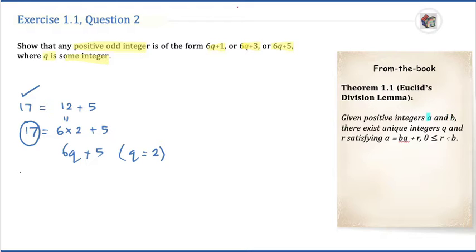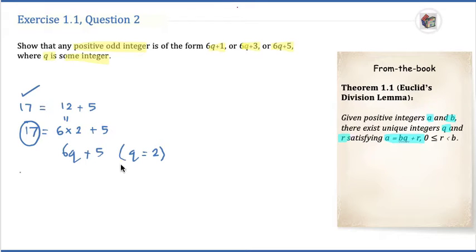So to recall, whenever two positive integers a and b are given to you, you can divide a by b, and as a result you will get the quotient q and the remainder r, and they will all satisfy this equation together, because dividend is equal to divisor times quotient plus remainder. For more detail on this, you can watch question 1 again if you're not very sure of this yet, and if you haven't watched it, I would suggest go back and watch that first.